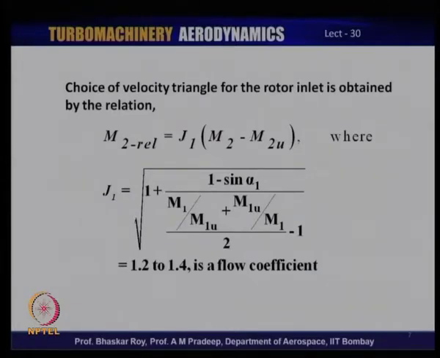And now, the velocity triangle can be completed by writing the rotor inlet condition, at which M2 relative can be written down in terms of M2 and M2u. This comes out of the velocity triangle, and here we use a flow coefficient J1, which is a derived flow coefficient based on a number of parameters that we were just looking at: M1 and M1u, which is again the blade velocity converted into a Mach number, and of course, the alpha 1 with which the flow has gone in.